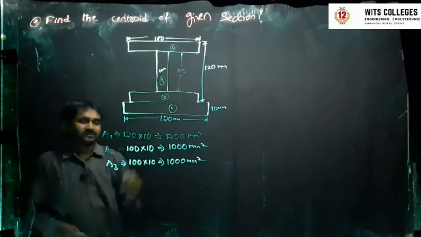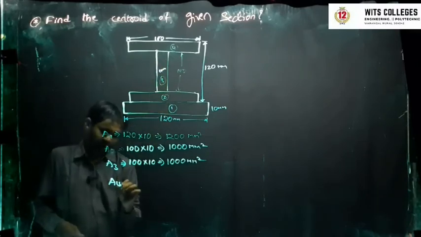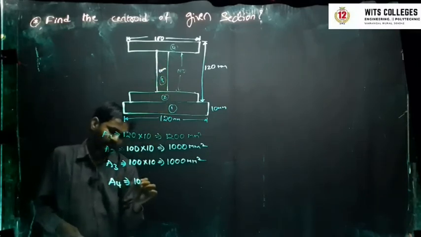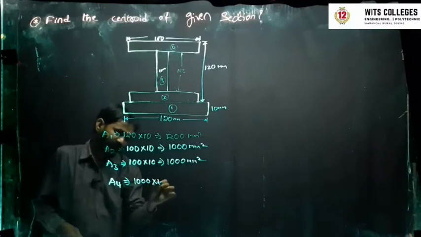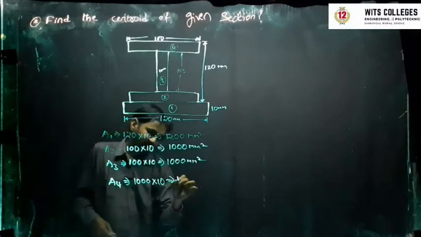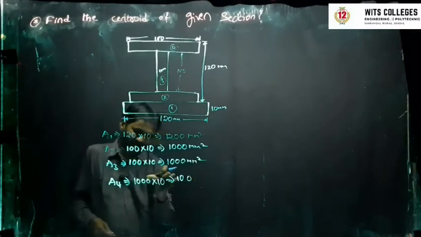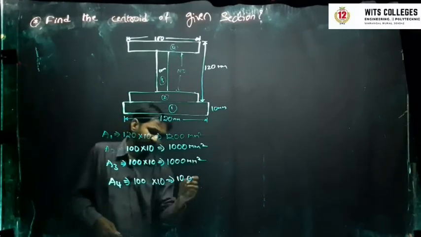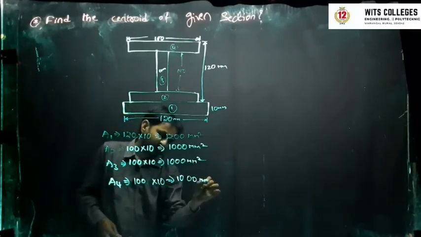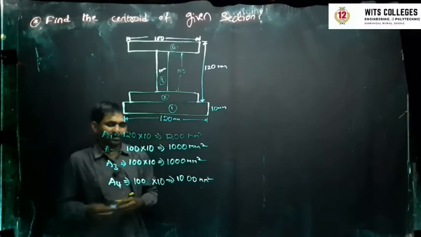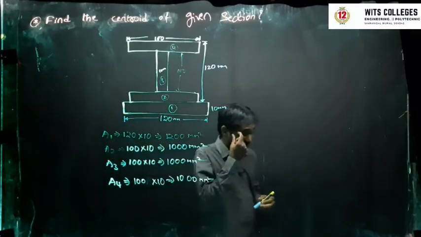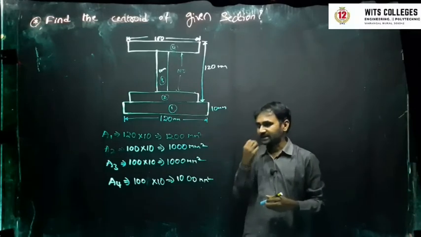And A4 is also 100 into 10, this is 1000 mm square. So I got all the A values, that is A1, A2, A3, A4.